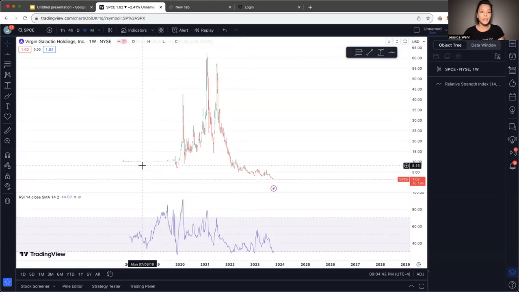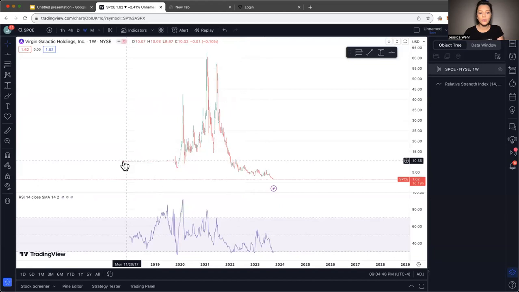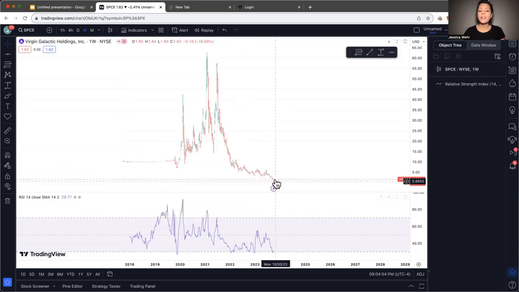So as you see here, they IPO'd around the $10.55 range, and they have dropped to $1.62. If we're using any of these previous trends, it's not going to give us ideas of where to buy at lower prices because it's at an all-time low.